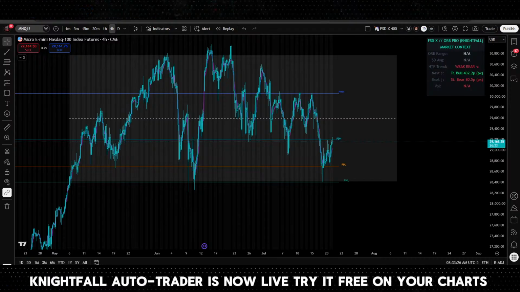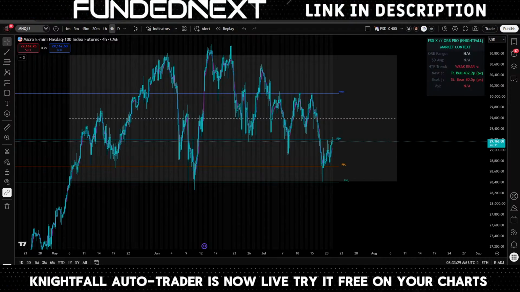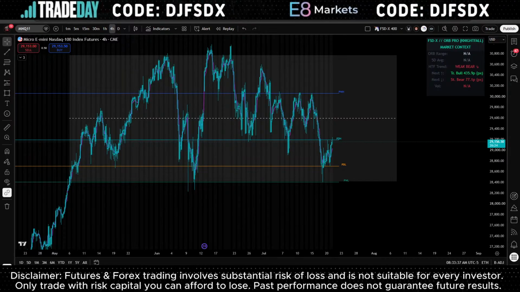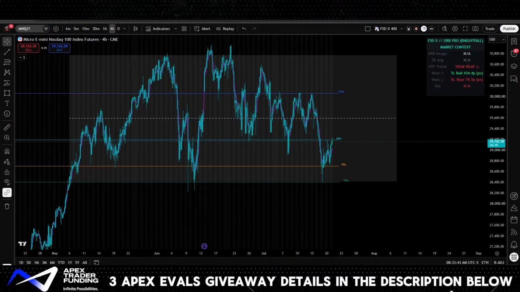I was doing some analysis, so I updated some of the stuff on the site for the data. As far as the backtest, the backtest is fine. It's more for the passing evals.